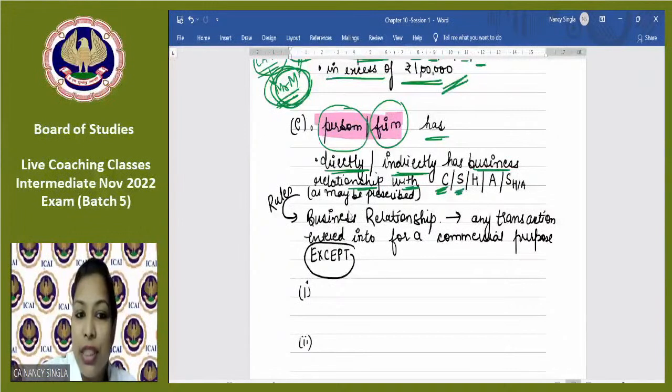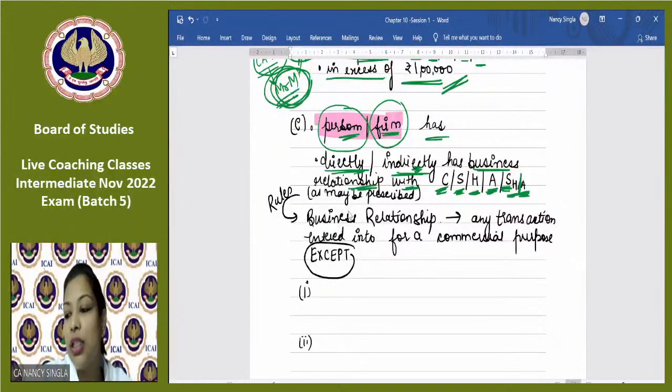Company, subsidiary, holding, associate और subsidiary of such holding. यहीं तक था ना ऊपर वाली clause में. यहाँ पे एक addition है: associate of the company, subsidiary of the associate. This is an addition here. ठीक है. So a person or a firm is not eligible to be appointed as an auditor of a company if they have directly or indirectly any business relationship with the company or the subsidiary, the holding, the associate, or the subsidiary of the holding or the associate.